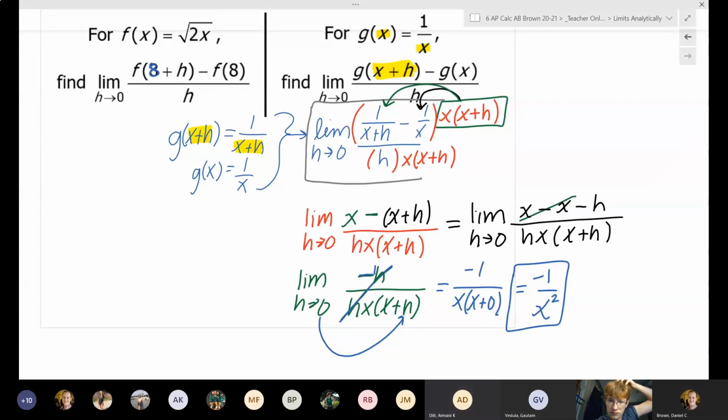Okay. Anything else? Yeah, I have a question. Mm-hmm. So when we're at the limit as h goes to 0 and it says x minus in parentheses x plus h, are we supposed to cancel out the h? Why can't we cancel out the x value during that stage?